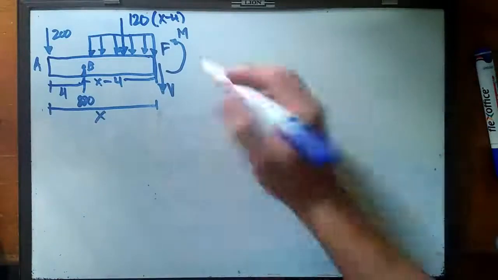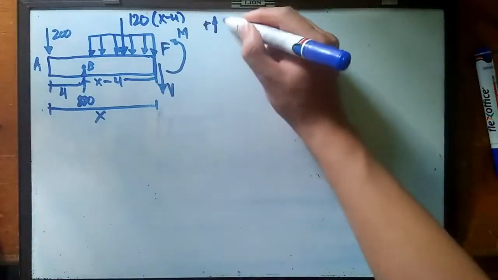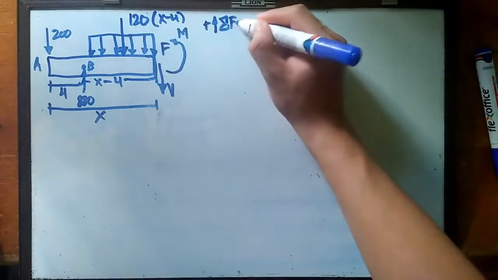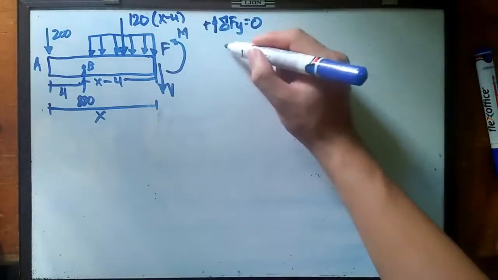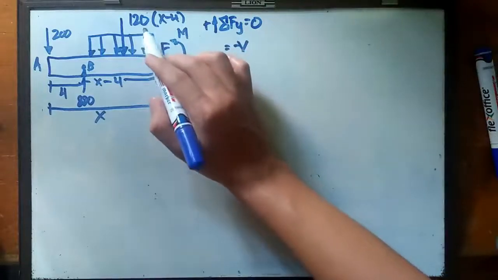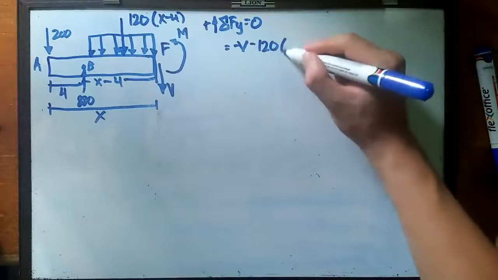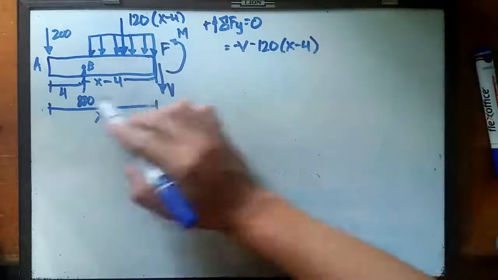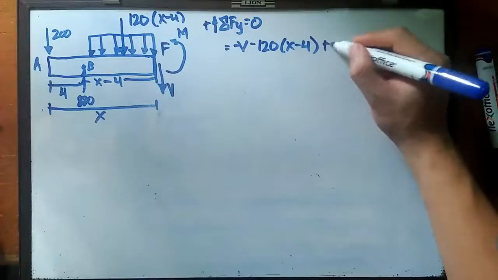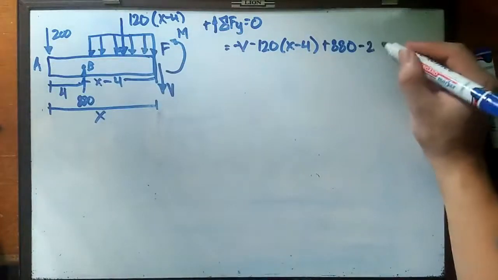So we need to solve for V by summating all of the forces along the y-axis equals 0. So that should be negative V. We have this concentrated load going downward, so that should be negative 120 times (x minus 4). We have this positive 880, and we have negative 200.